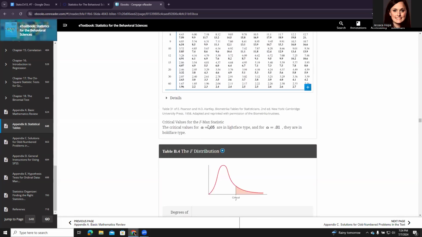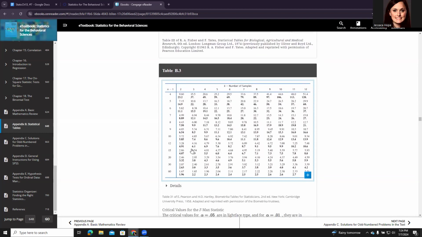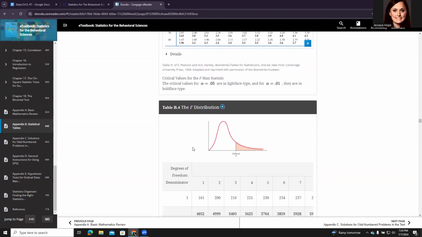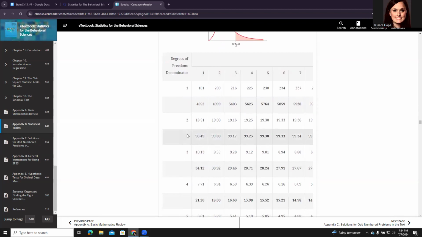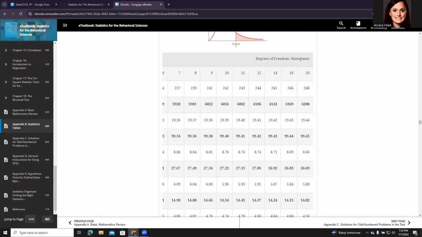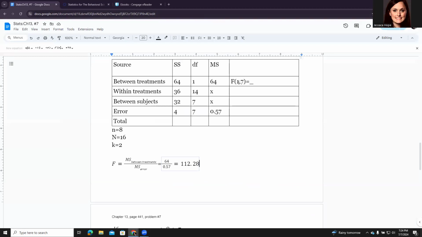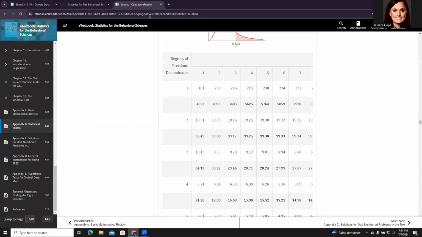Okay, so critical values for alpha equals 0.05, which is what we want, are in the light face. Degrees of freedom for the denominator are here, and on the other side is the numerator. You see that? So what is ours? Our numerator is 1 and our denominator is 7.